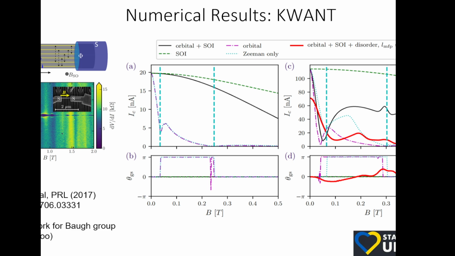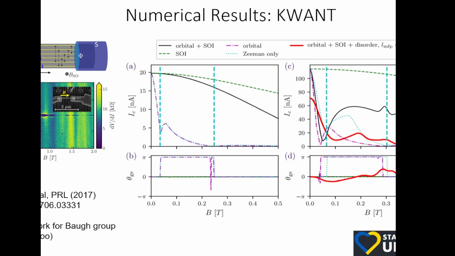Also, in these kinds of data, when there is this node, or some people call it reentrance, where the current goes down and then back up, it doesn't mean that you went from positive current through 0 to negative. It's just an orbital interference effect in a mesoscopic conductor, where you have several modes occupied.